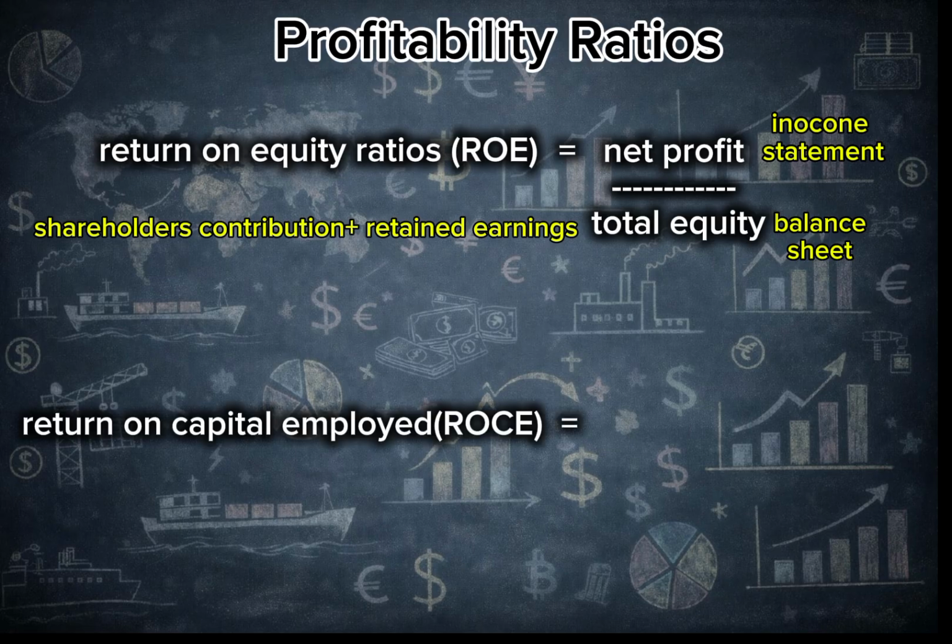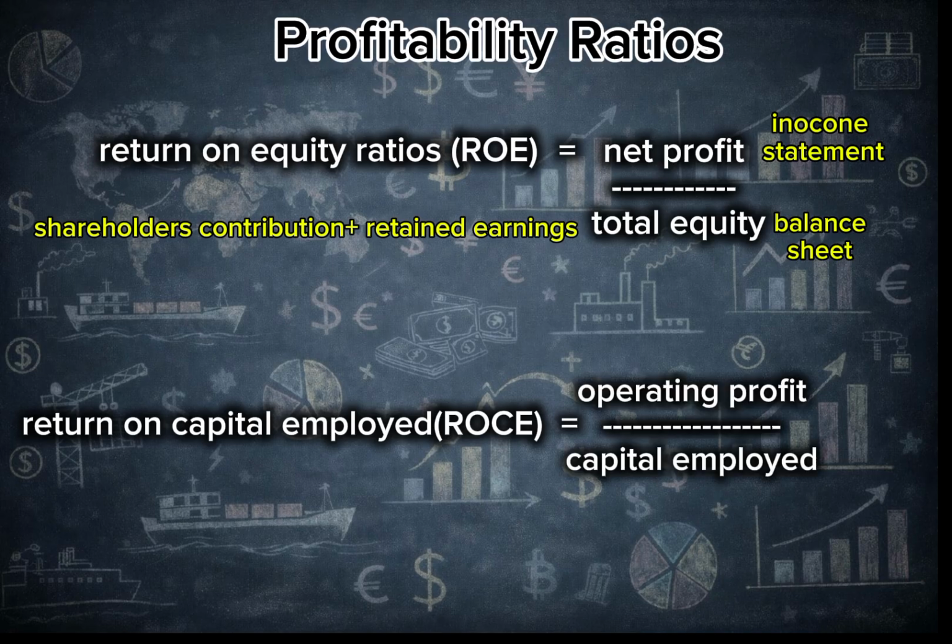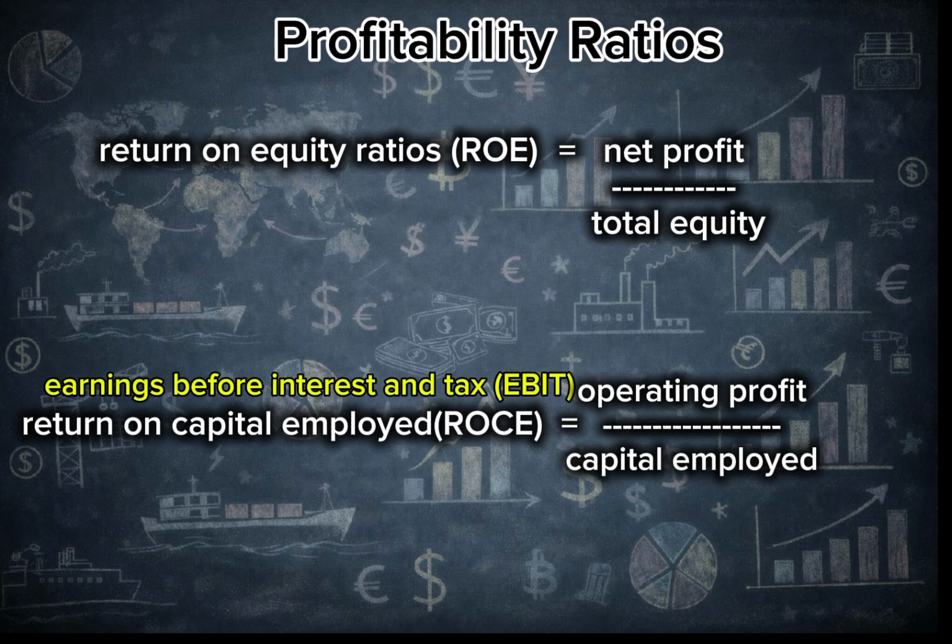Another ratio is the return on capital employed ratio. This ratio compares operating profit with capital employed. Now, what is operating profit and what is capital employed? Operating profit is that profit that excludes interest and tax. That is earnings before interest and tax. It is that part of profit where interest and tax has not been what?